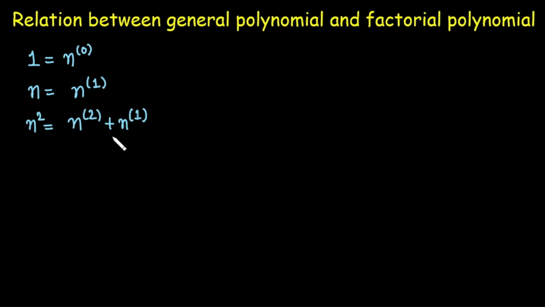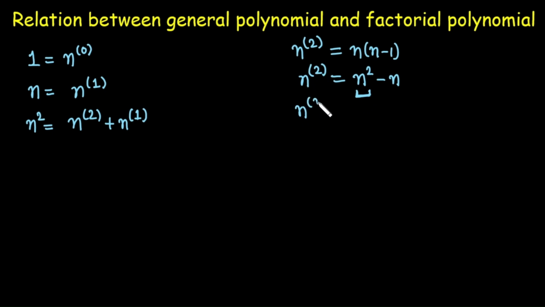How are we getting this? It's very simple. We will start from the factorial polynomial n raised to power 2. As per the definition, this is equal to n into n minus 1. Multiply this. This is n square minus n, and on the other side we have n raised to power 2 factorial polynomial. From here, find the value of n square. So we can write n raised to power 2 factorial polynomial, take this term on the other side, that is plus n is equal to n square.